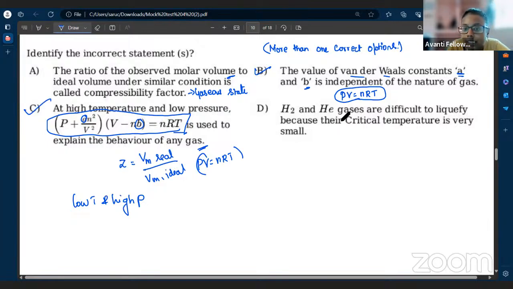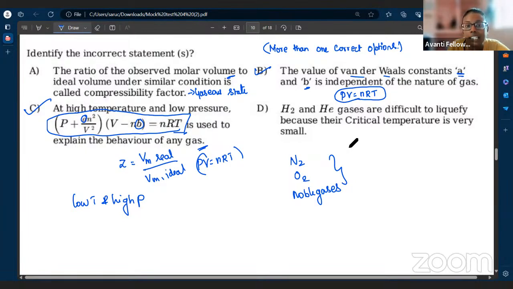Now, hydrogen and helium gases are difficult to liquefy because their critical temperature is very small. Is this true? When you take gases like helium, hydrogen, N2, O2, and all the noble gases, they are difficult to liquefy.